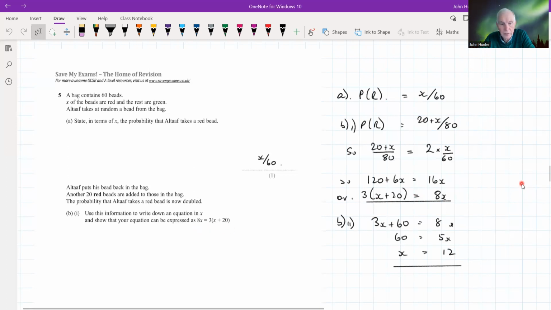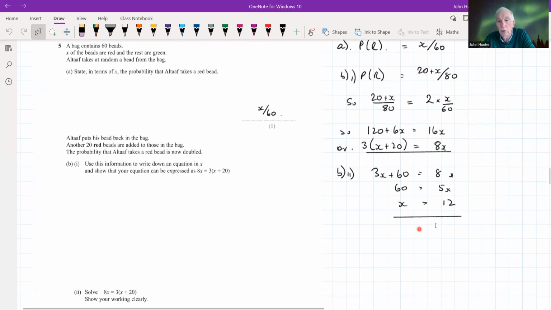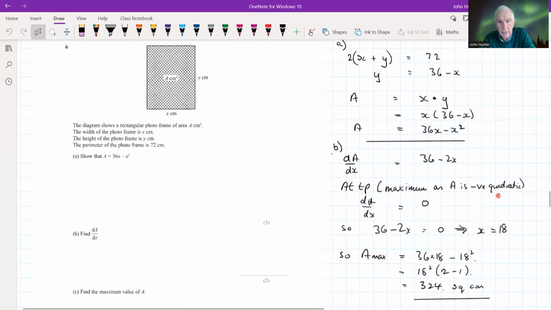Then the last part says solve. So we're just going to solve this as a linear equation, nothing particularly to do with probability. X equals 12. Right, so that is that.